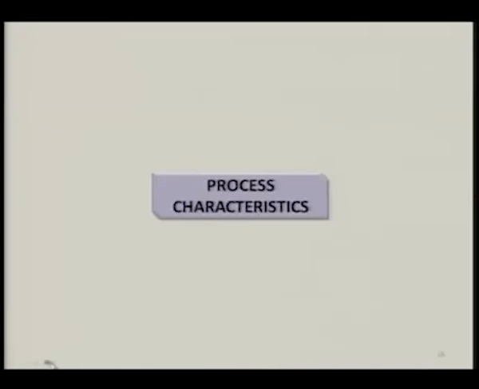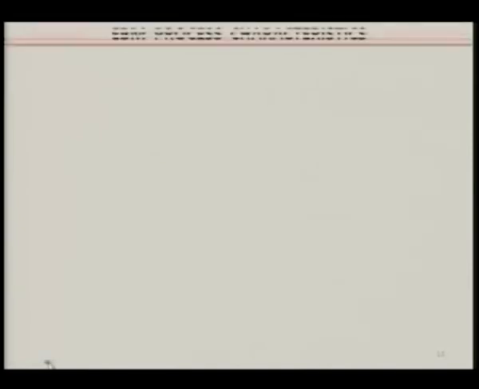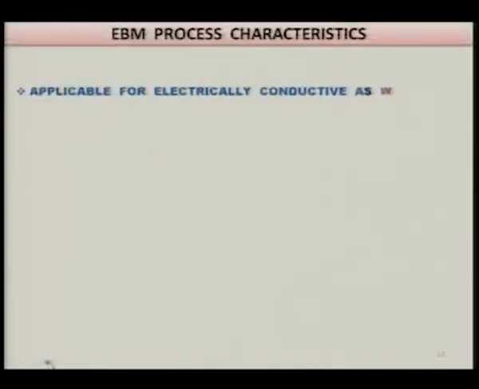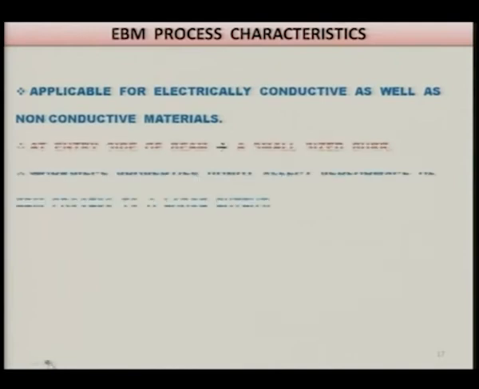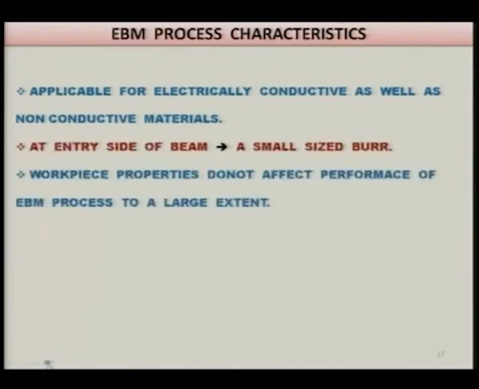Process characteristics. Now let us discuss the characteristics of the electron beam machining process. It is applicable for electrically conductive as well as electrically non-conductive materials. At the entry side of the beam, a small side burr is normally seen.